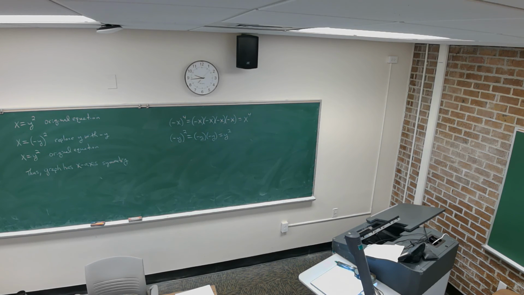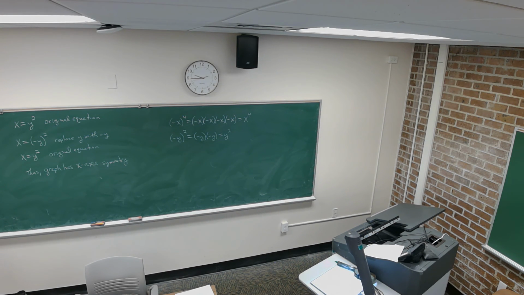I change the x coordinate from +2 to -2, and the y coordinate from +2 to -2, and you notice that the point -2, -2 is on the graph of this equation. And similarly, here's the point -4, -2 on the graph. If I change the sign of both coordinates, from -4 to +4 and -2 to +2, you'll notice that the point 4, 2 is on the graph.